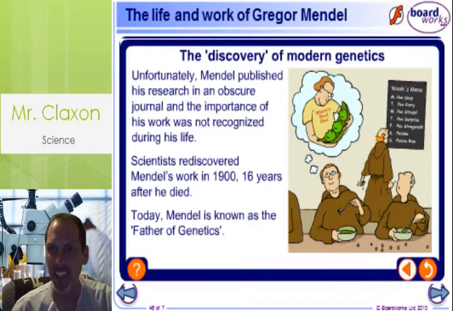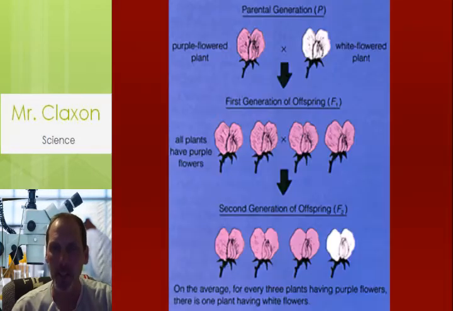But as an example, if we highlight this here, you take a purple flower, it says purple, but to me it looks pink, so I'm going to call it pink or purple. Who knows what I'll say? You get this pink flower, and you cross it with a white flower.